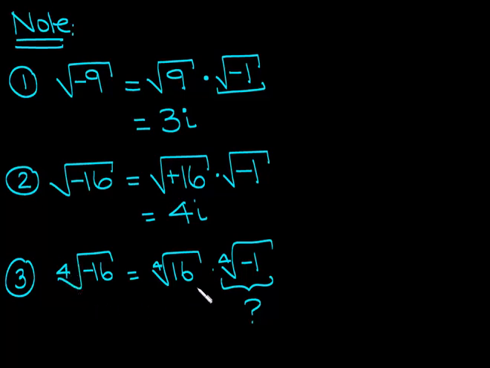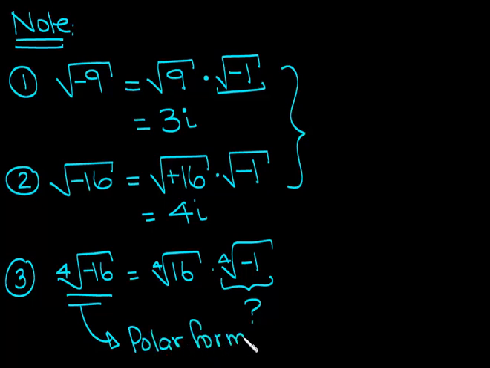It's just that the way we did these two examples, we cannot do this one. We have to actually change it to polar form and do it. That's something you would learn in a trig class or in a complex analysis class, something like that. But that is something you can do.